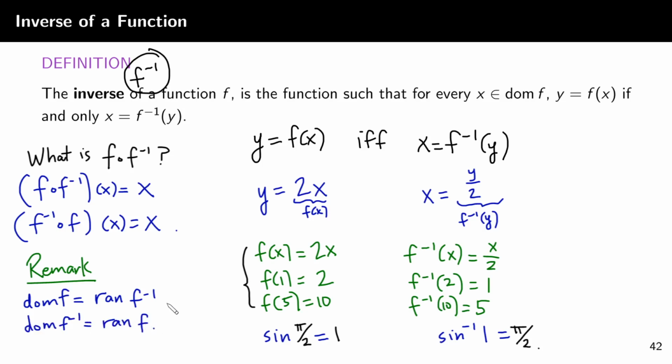Ngayon, anong gamit nitong dalawang relations na to? Minsan, madaling kunin yung domain, pero yung range, hindi siya ganong obvious. So, ang gagawin natin, kung gusto nating malaman yung range ng f, hanapin natin yung f inverse, and then hanapin natin yung domain niya. Yung domain ng f inverse ngayon, yung magiging range ng f.